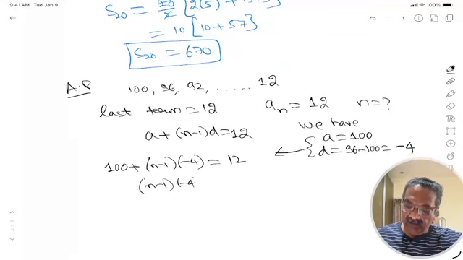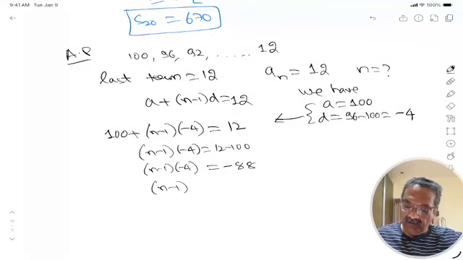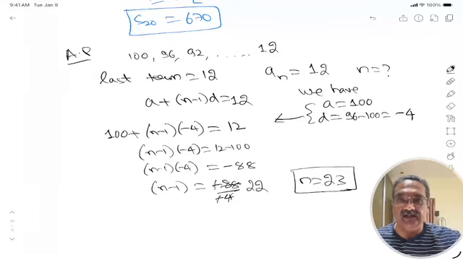N minus 1 into minus 4 is equal to 12 minus 100, which is equal to minus 88. So n minus 1 is equal to minus 88 by minus 4, minus minus cancels, 22. So n is equal to 23. So there are 23 terms.